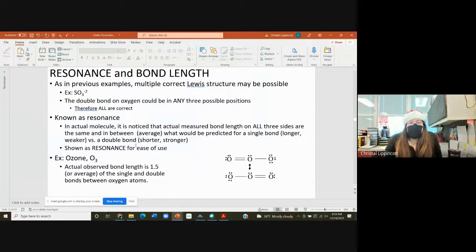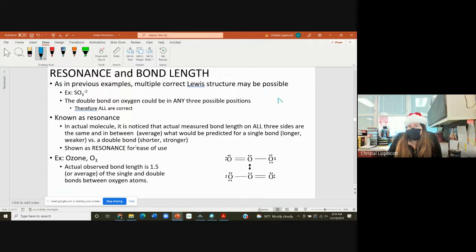All right. So we're going to talk today about a couple things. First of all, we're going to talk about something called resonance. When we are looking at certain structures, they can be drawn a couple different ways. For example, on your homework last night, you had nitrate drawn, right?